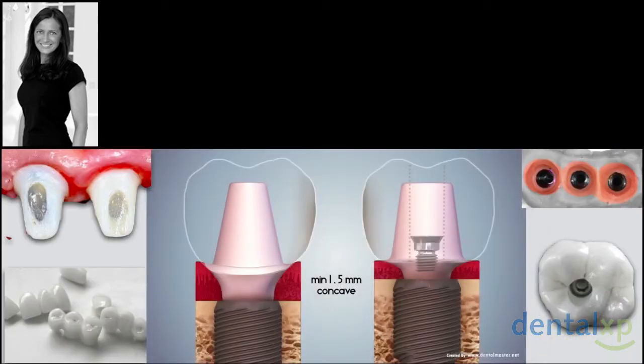So what kind of restoration, how do we restore those adjacent implants? Cementing or screw retained? Screw retained. Nevertheless, I made for myself the following rules, which make sense to me.